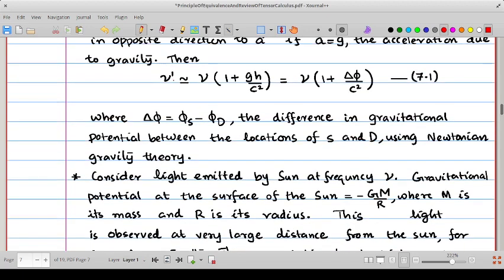So nu dash is the frequency of the light observed by the detector, and nu is the frequency with which it is emitted at the source.